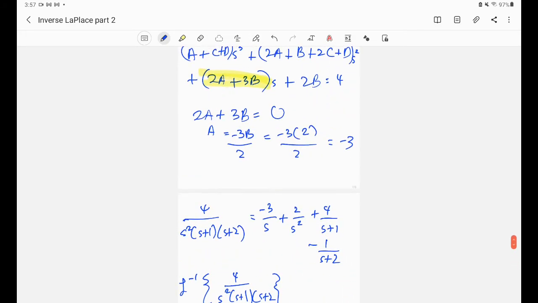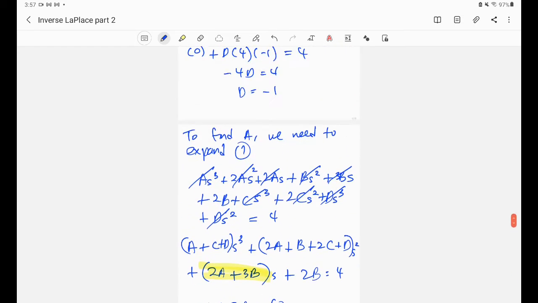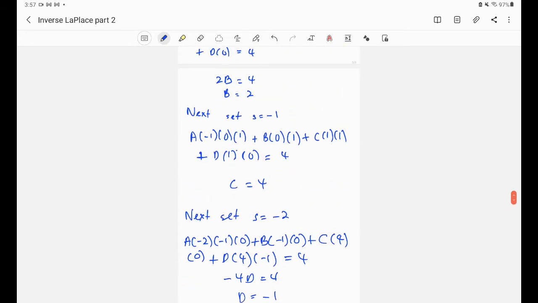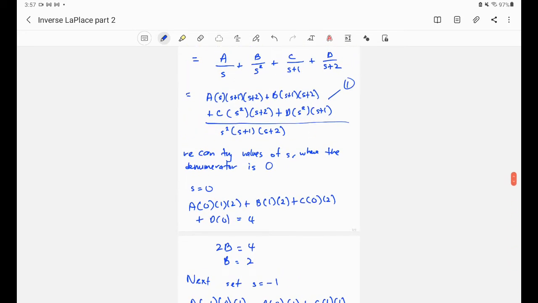The real challenge here is to find A, B, C, D, and we do it by first expanding everything.